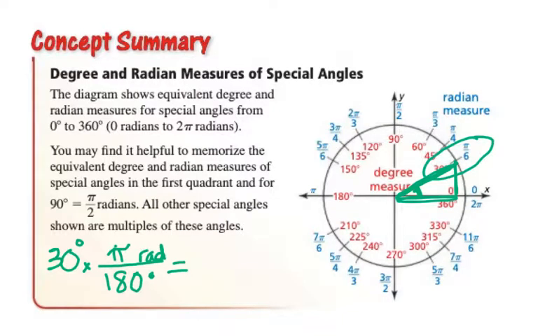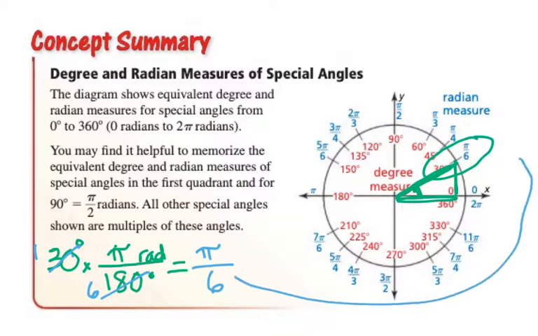When you multiply, the 30 can be divided by 30, the 180 can be divided by 30, and what you end up with on the top is 1 times pi, and on the bottom it's 6, so pi over 6.